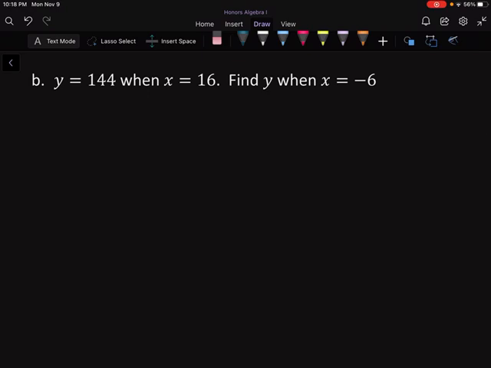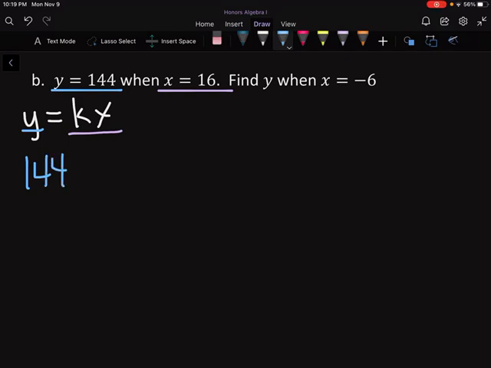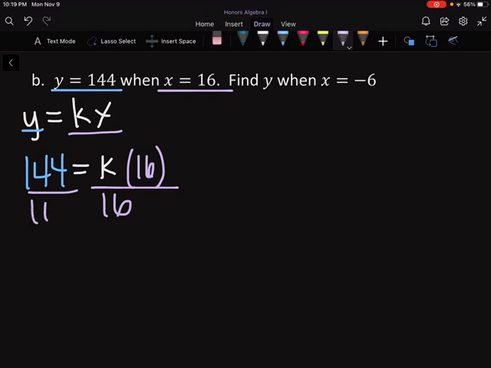Okay, so let's try another one. Same direction is that y varies directly to x. So I plug in y, I plug in x, we divide by 16, and I believe k is equal to 9.